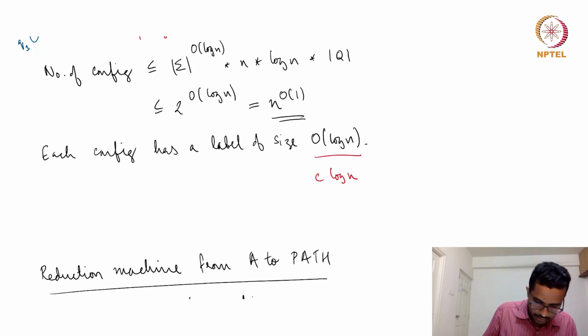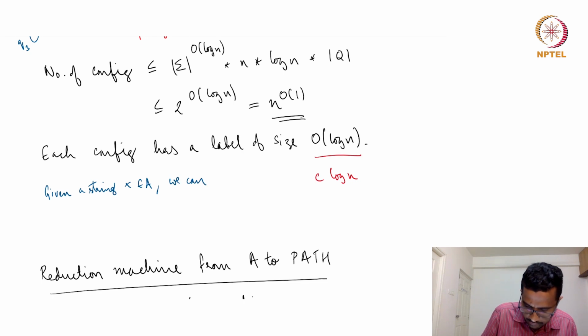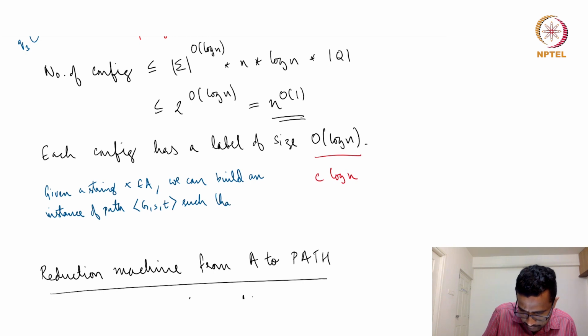So just maybe a bit more. Given a language A and given a string x, we can build an instance of path, say G, S, T, such that x is in A if and only if GST is in path.